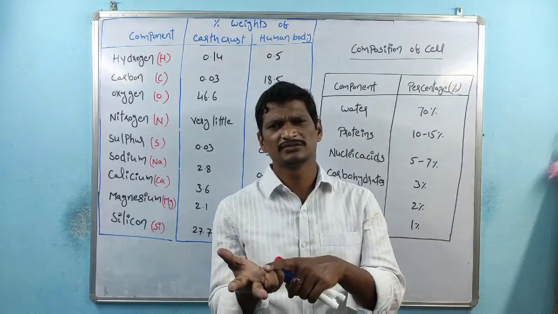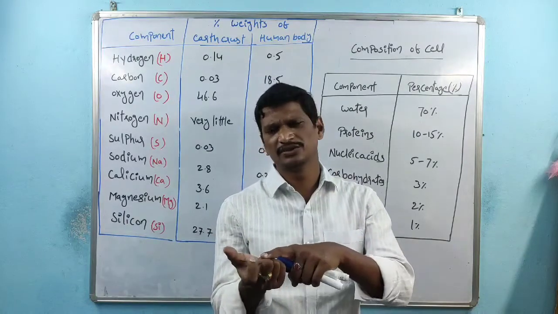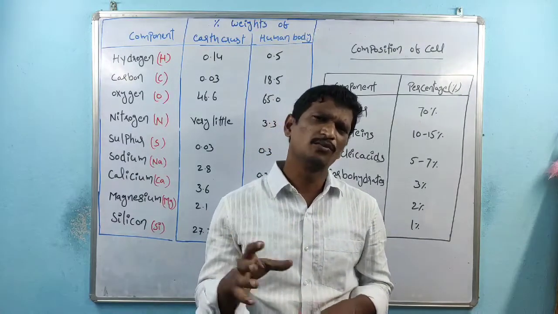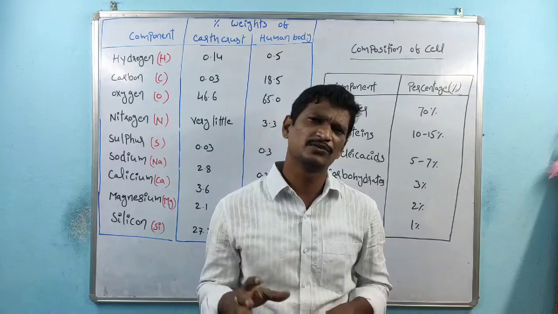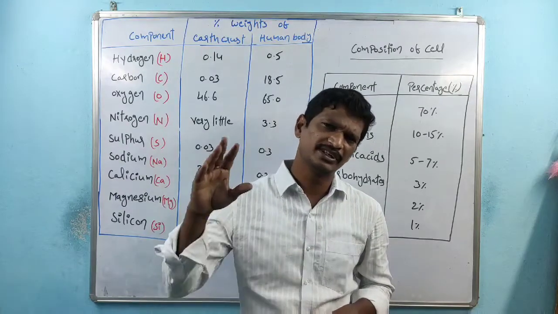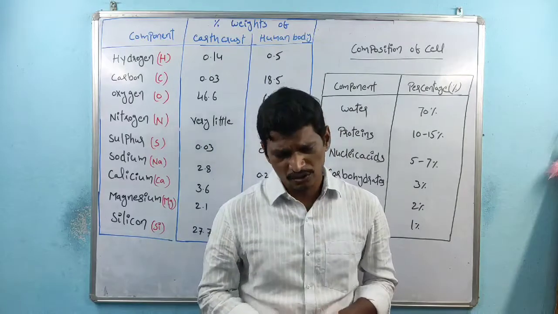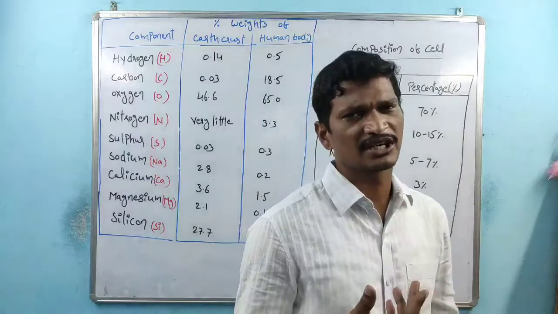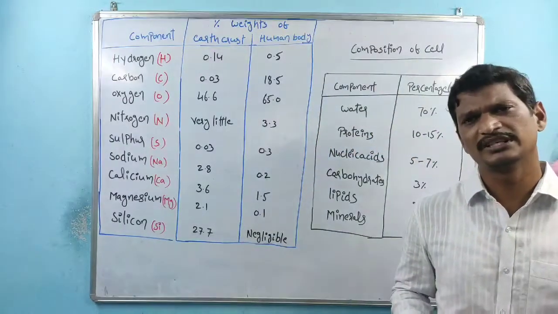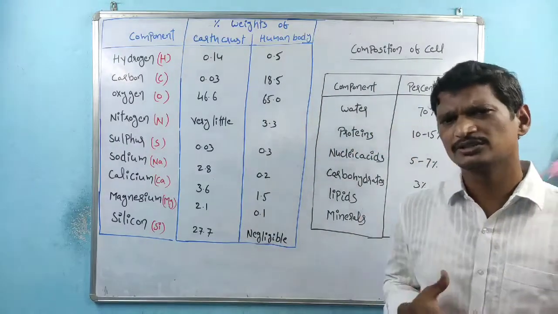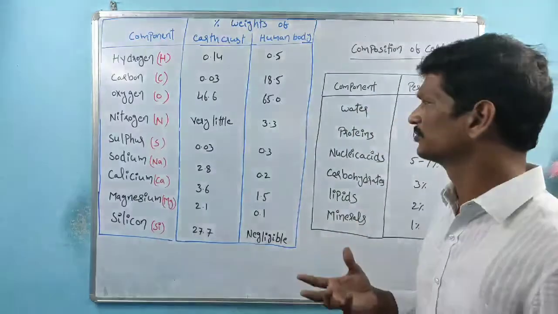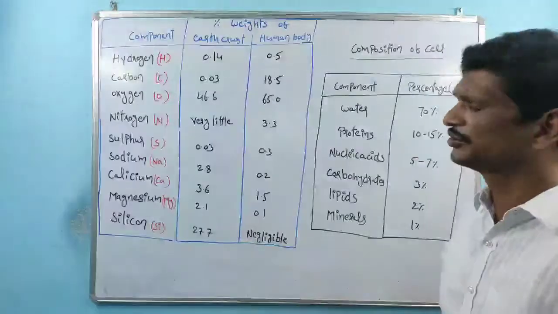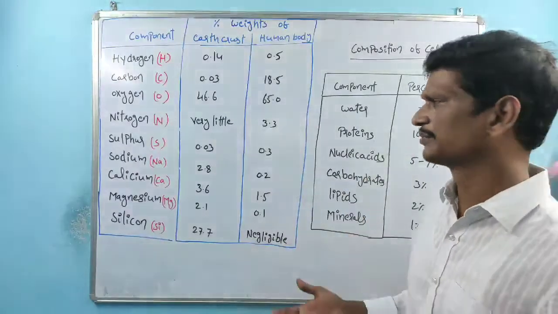And lipids formation, and nucleic acids formation, oxygen is required. In all the compounds required for cell formation, definitely oxygen is present. Not only that, when we are breathing, oxygen is transported inside our body. So 65 percent of oxygen is present within the human body. That's the reason why oxygen is a major percentage.